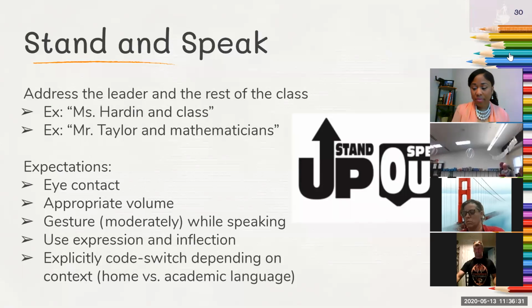So 5th, 8th, 12th grade, when they transition to the next level, they literally have to stand before a panel of adults and defend why they should go to the next level. Because we have this communication structure in place, when they go to defend, they're like, how do your kids know how to just easily talk in front of adults? And that's because since the first day of school, we've been instilling this in them. So by the time it gets to the end of the year, it's not foreign, it's not difficult.